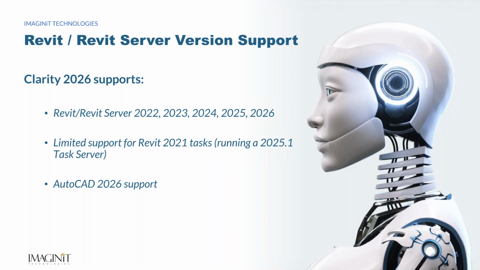If you need to support 2021, you can run a task server on a 2025.1 release and keep the rest of them at 2026, or however the configuration you want to do, so that you can continue to run tasks against that older project. Also in this release, we have added the support for AutoCAD 2026.